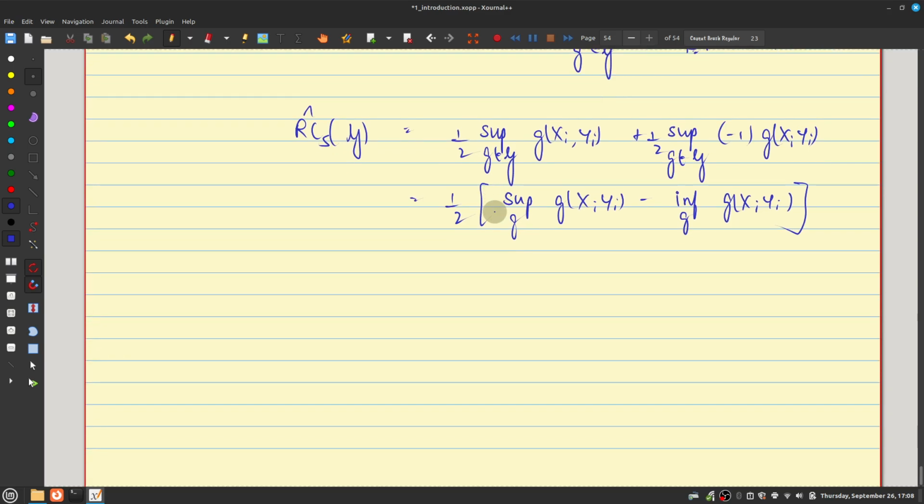So this is the Rademacher complexity for a given sample. So what is the Rademacher complexity? I'll use the notation RC subscript n of G because it depends on the number of samples.